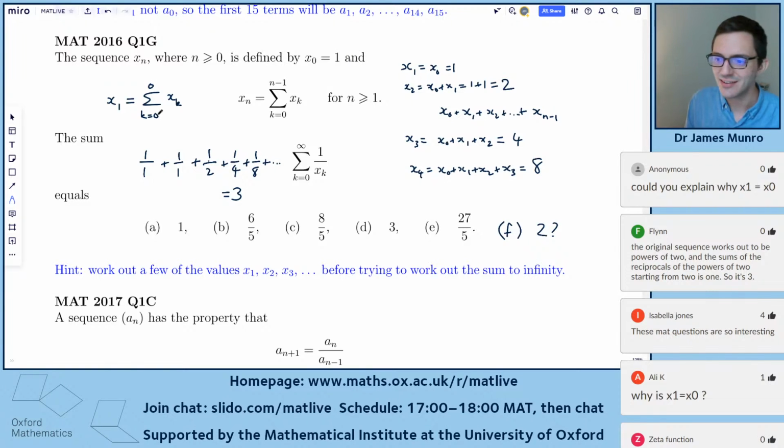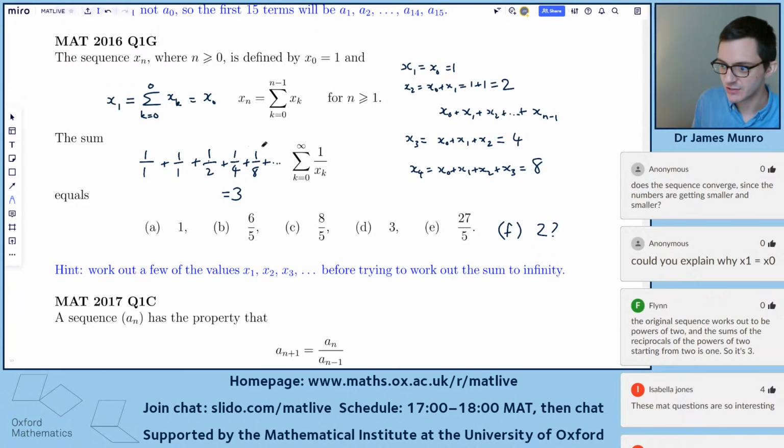So that's just the sum. This sum over here says add up all the terms starting from x0 and going as far as x0. So it's just this. Oh, so this is just do this sum with just one term in. Okay, it's just equal to x0. x0 happens to be the number 1, so x1 is also 1. Does this converge? Yeah, this converges. It's a good thing it converges, because if it didn't converge, then none of these would be the right answer.